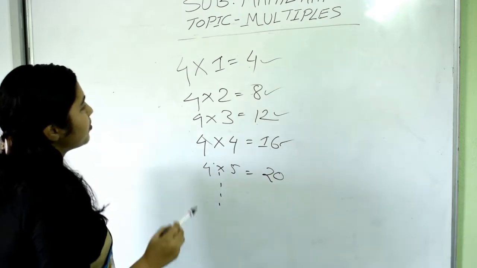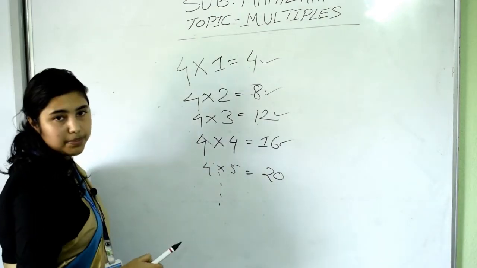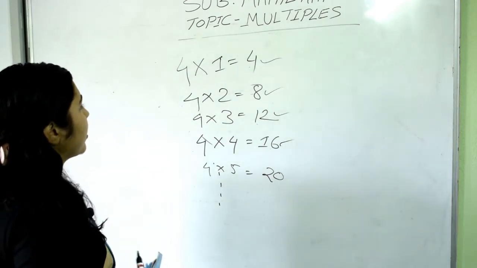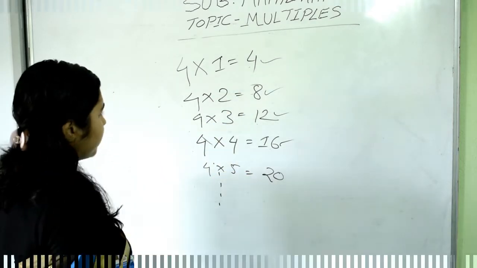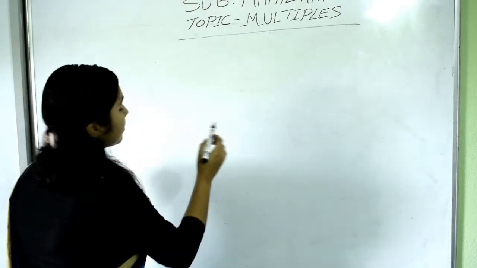That means if we write all the multiples of an even number, we will also get even numbers.